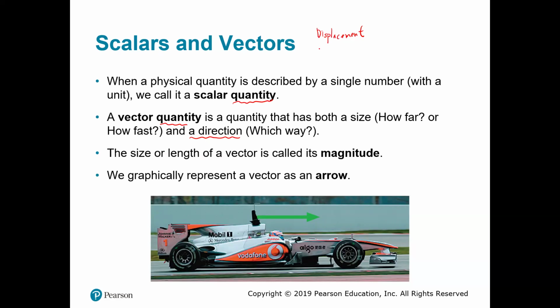So displacement is a vector. And another vector you learned last time is velocity. Whenever you are asked to find displacement or velocity, you always have to describe its quantity, magnitude, and the direction. And the example of a scalar was speed.